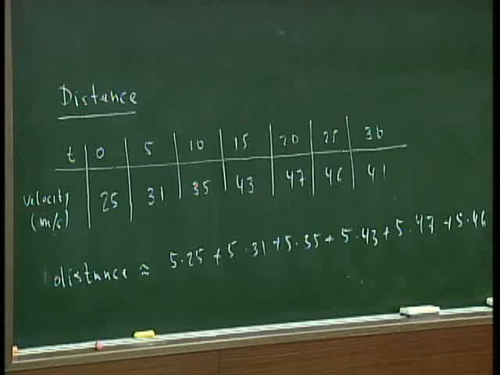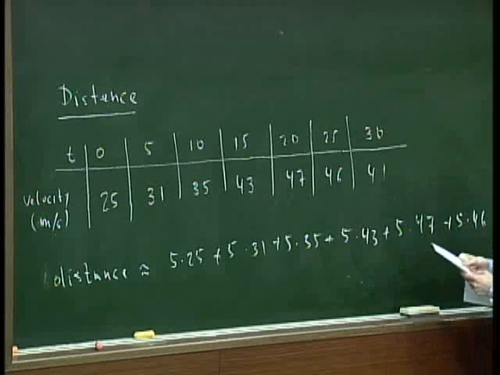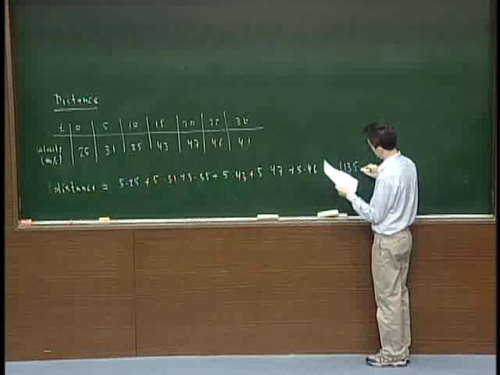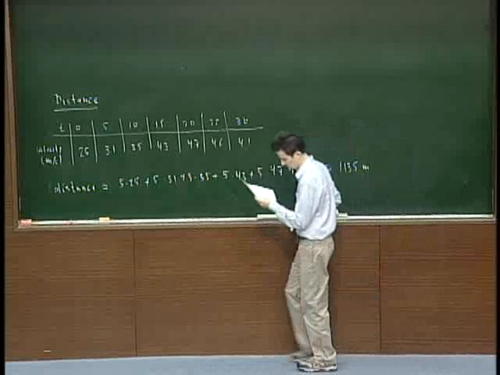Like this, you can obviously approximate the distance, which, because we drive rather quickly, will be rather a lot in 30 seconds. So it's almost 1 kilometer.